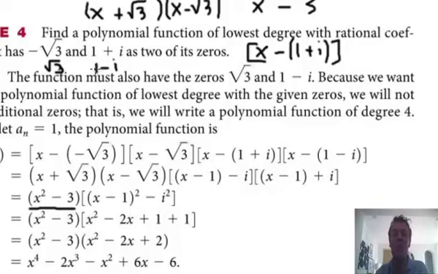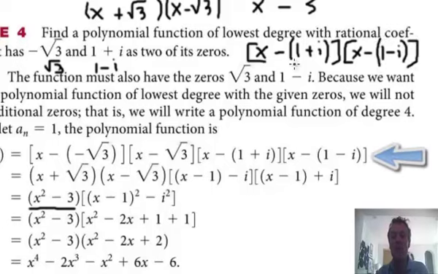If I also have 1 minus i, again the conjugate, this must have come from x minus (1 minus i). Okay, now look at that. That's what I now have to multiply together. Again, 1 plus i, 1 minus i were the zeros, so they've come from x minus. So how do I multiply these two together?